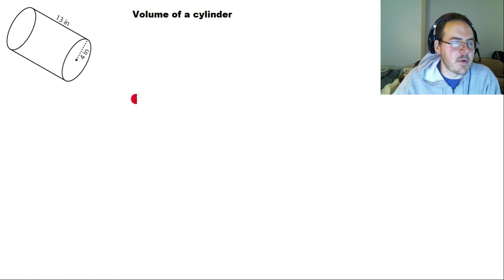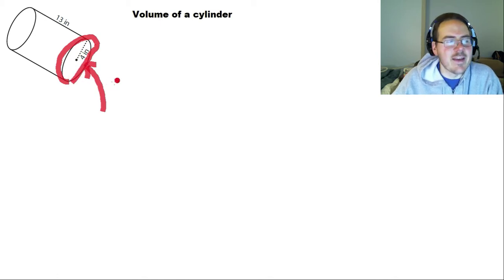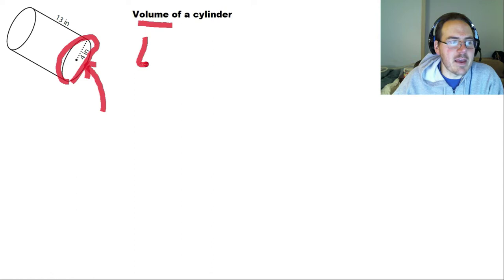I can get my marker out. Okay, so you can see the circle right here is the base of our shape. So interestingly enough, the volume of a cylinder starts with the area of the base. Okay, so we're going to be doing the base.